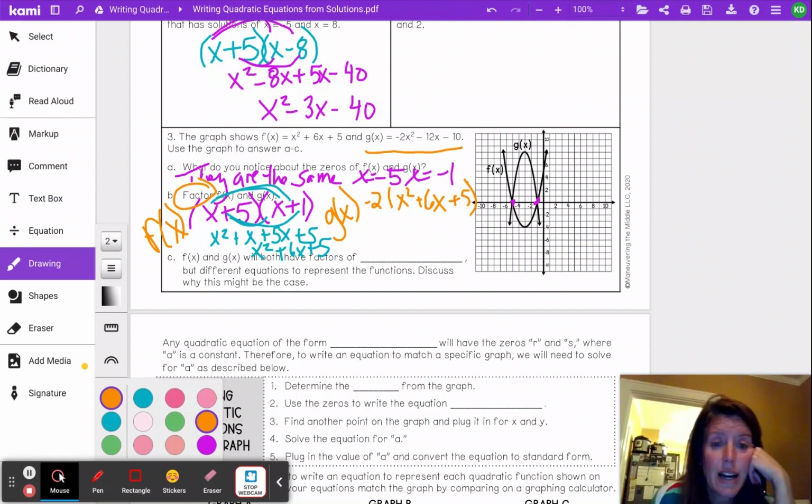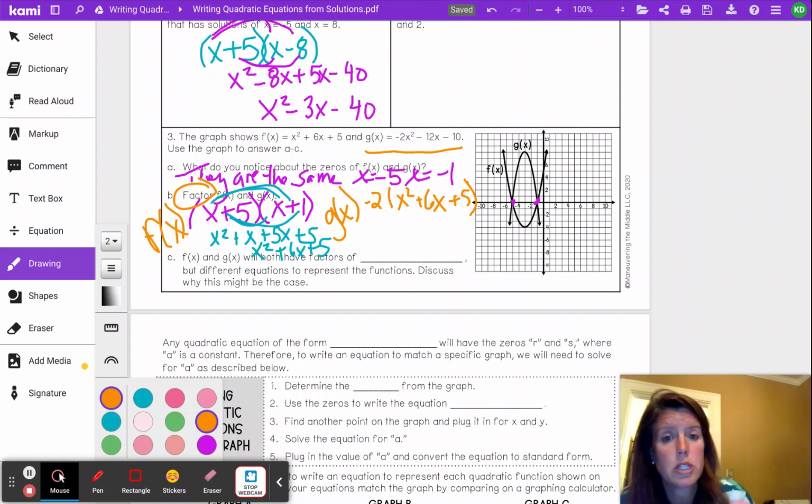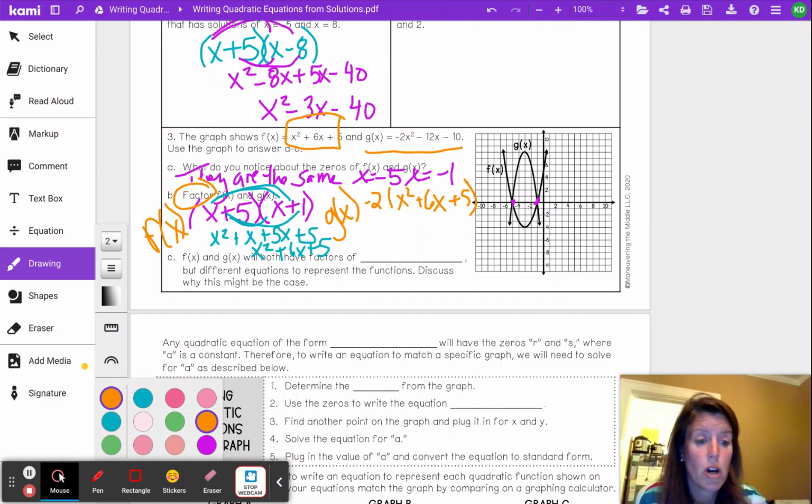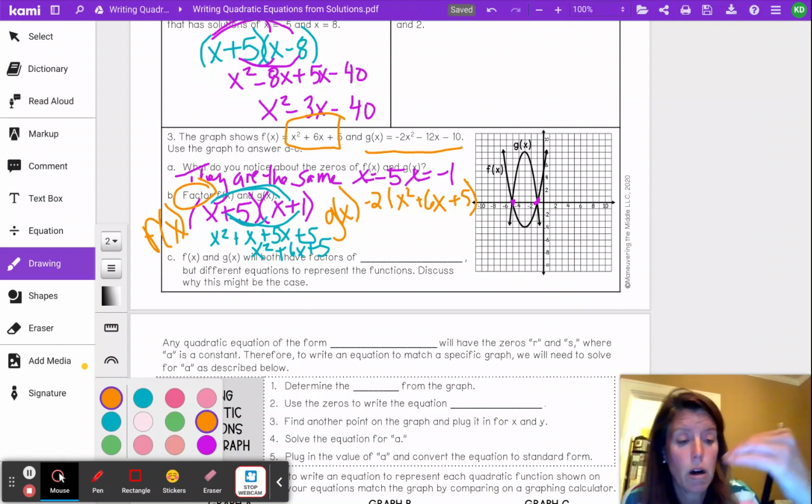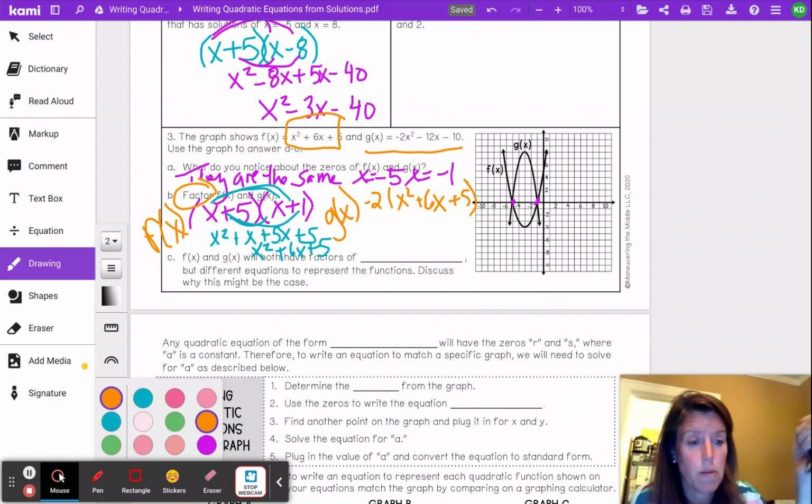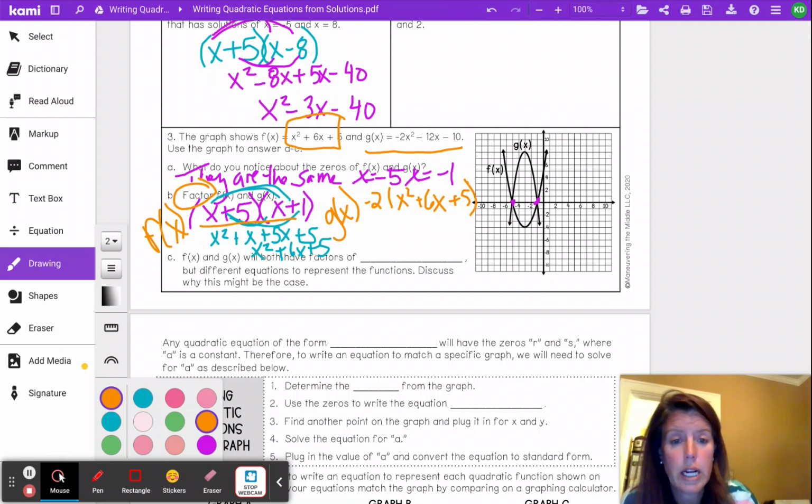Okay. Now that we've done that, I want you to look at what we just wrote. So we've written our g of x function by bringing out that greatest common factor. And now we can just rewrite all of this mess right here.